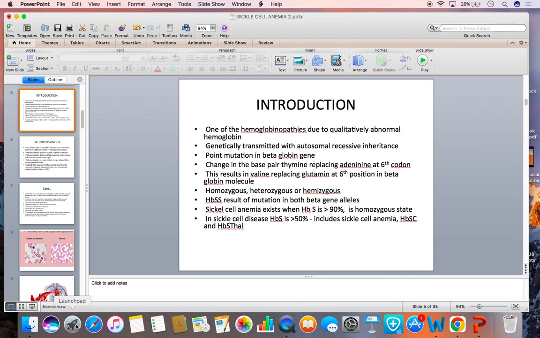It is the result of a point mutation in the beta globin gene. A change in the base pair, thymine replacing adenine at the 6th codon, results in valine replacing glutamine at the 6th position in the beta globin molecule.